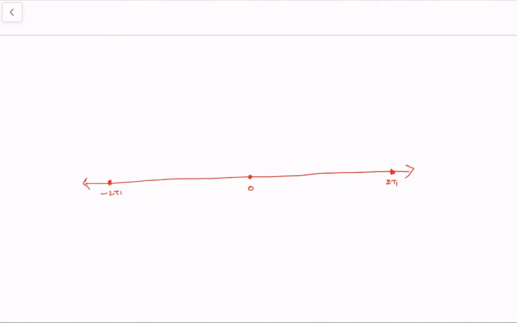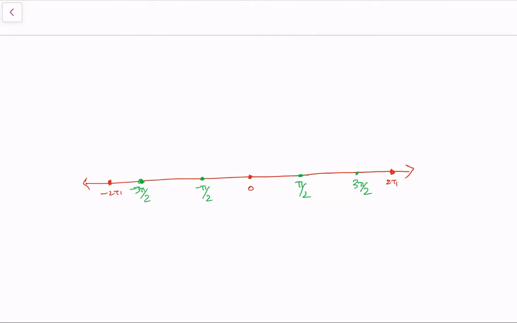So we start with negative pi by 2, positive pi by 2. These are the inflection points. Then we also have 3 pi by 2. We have negative 3 pi by 2.